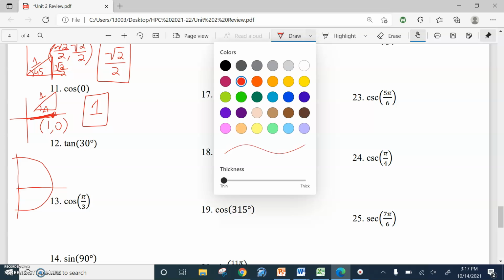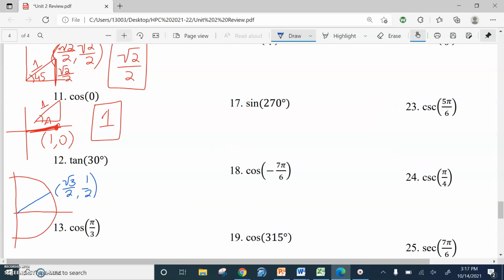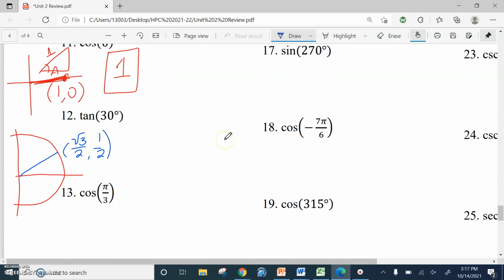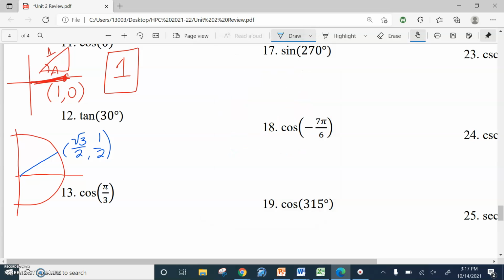The thing is, we've got 30 degrees, and it's calling it root 3 over 2, comma 1/2, is what the unit circle says. What that really means, let me zoom in for a second. What we're trying to say is simply take a look and imagine drawing a leg straight down.